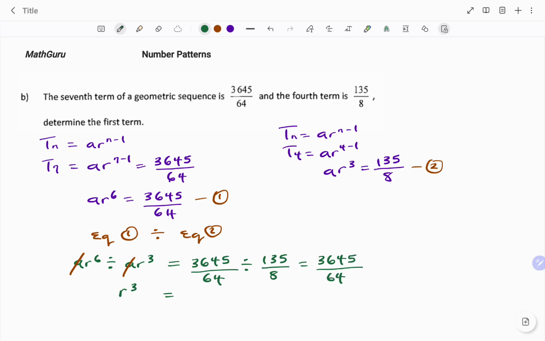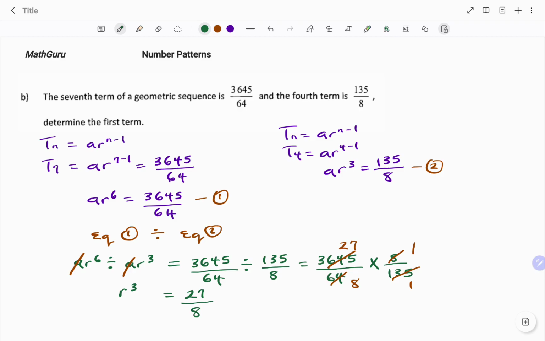I keep the left hand side, I change my sign to multiplication, and then I flip over 135. Simplifying, I have 8 here, 1, 64 divided by 8 is 8, then 135 here, 1, I have that as 27. So my answer is going to be 27 divided by 8.